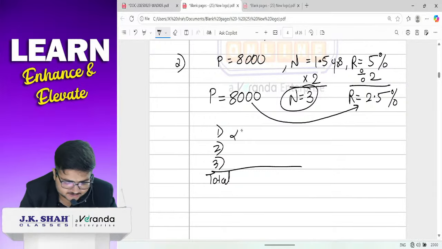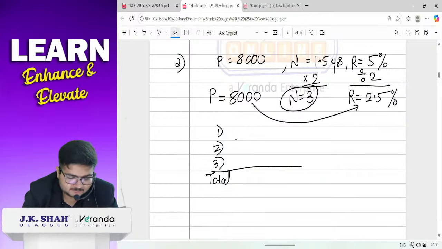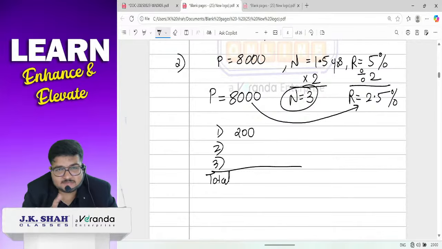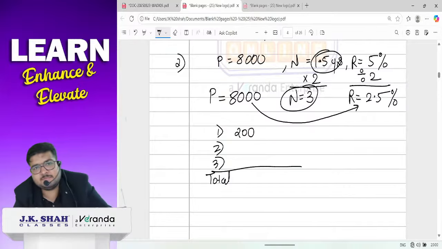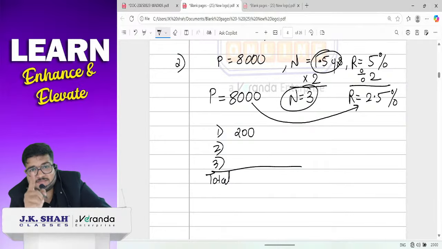So first year ka compound interest. I won't say first year. It will be the first term. It is not year, it is term. Because in 1.5 years, if you remember, half yearly interest is calculated every 6 months. So in 1.5 years, interest will be calculated 3 times.